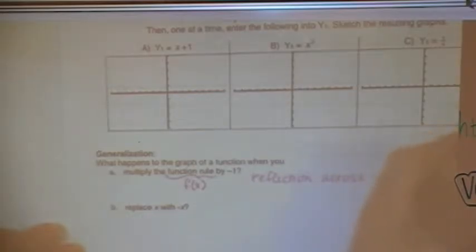So if we're multiplying our y values by -1, that's a vertical change. That means it's changing this way. So we call that a reflection across the x-axis. This one will be a reflection across the y-axis.